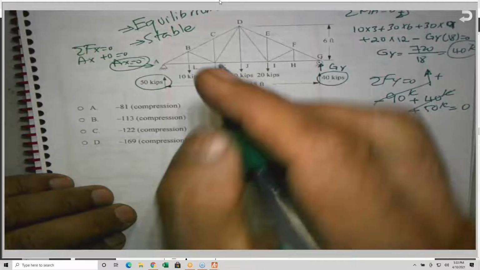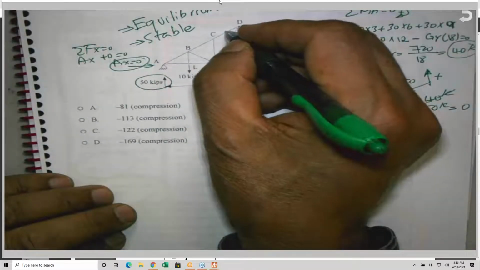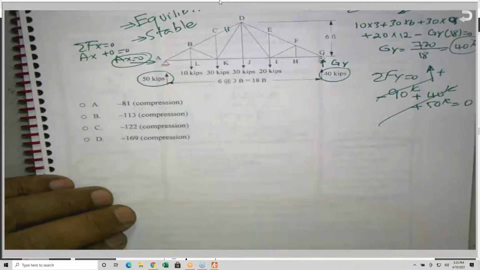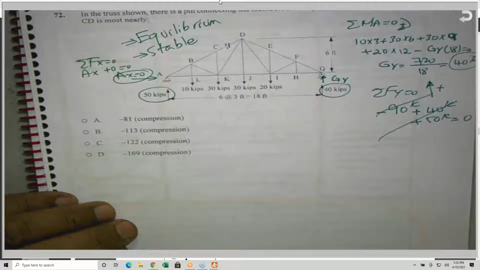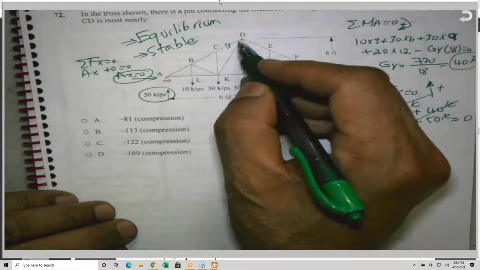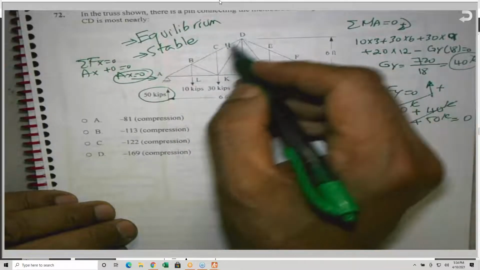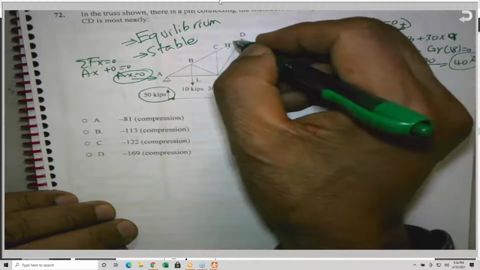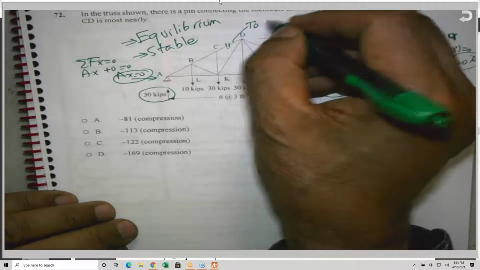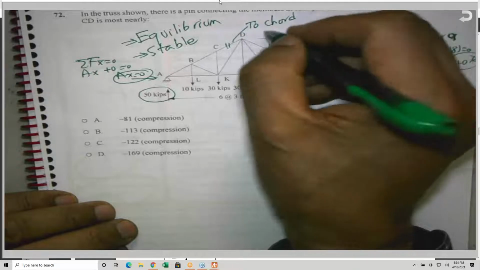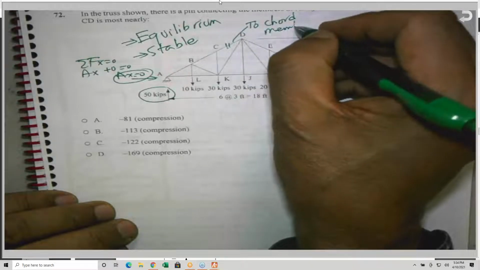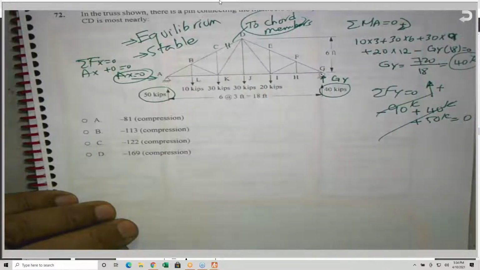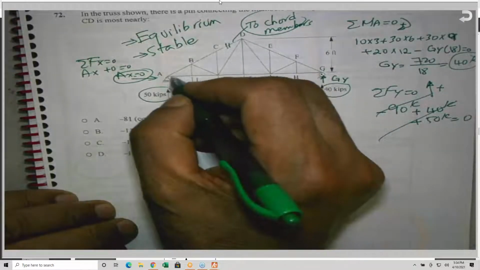Okay, now we need to find the force in this member, the CD. And here he put all of them as compression, by the way. The members on the outside like this, we call top chord members. All of them are in compression, because the truss is going to deflect like this.